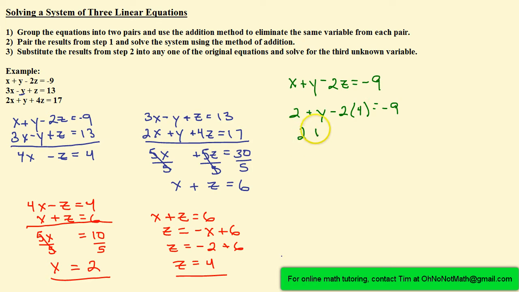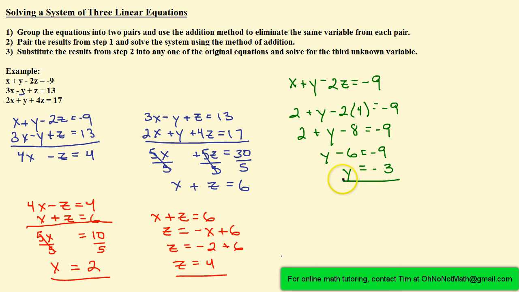So I have 2 plus y, negative 2 times 4 is negative 8, which equals negative 9. I have 2 minus 8 is negative 6, so I have y minus 6 equals negative 9. Add 6 to both sides. Negative 6 plus 6 is 0, leaving me with just y on the left side. Negative 9 plus 6 is negative 3.